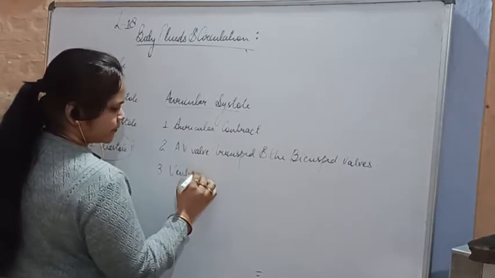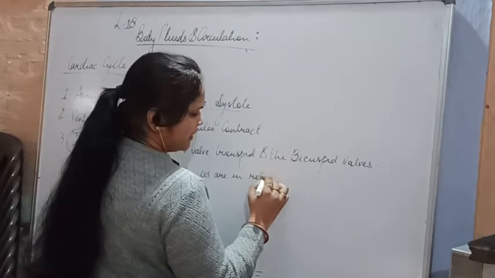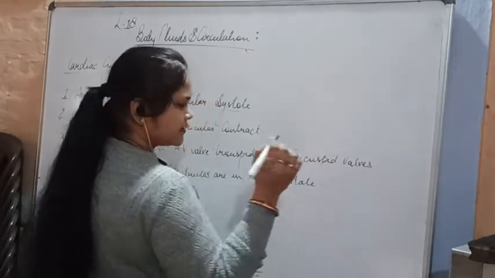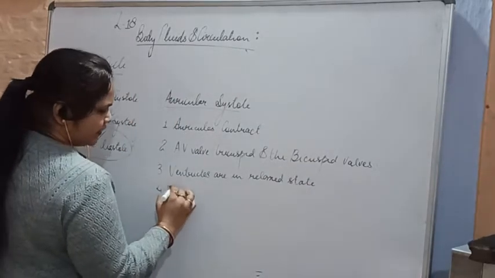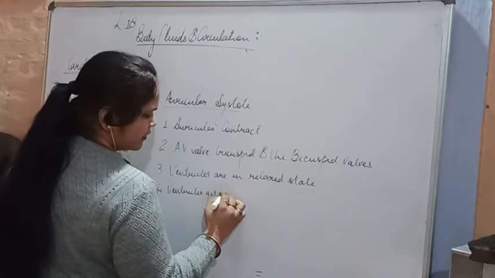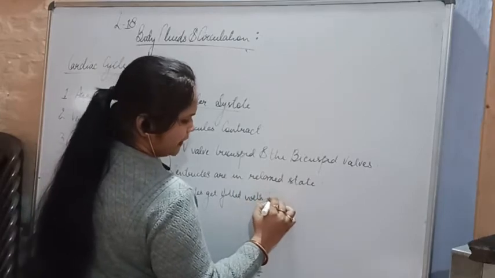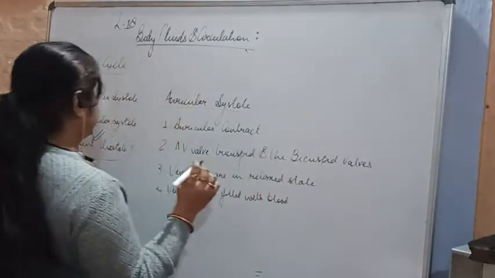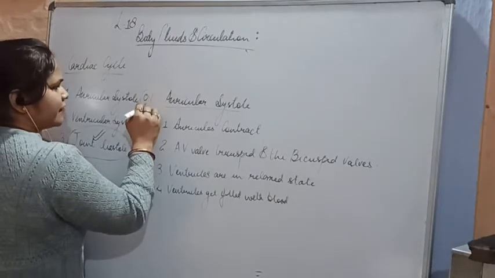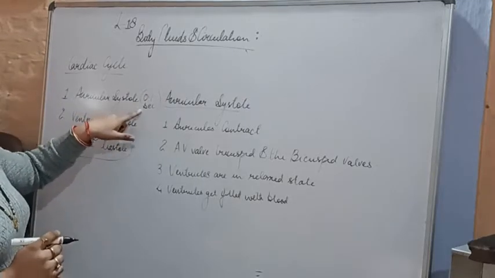The ventricles are in a relaxed state and get filled with blood. The time period of this auricular systole is 0.1 second.